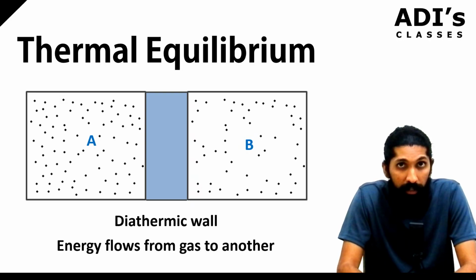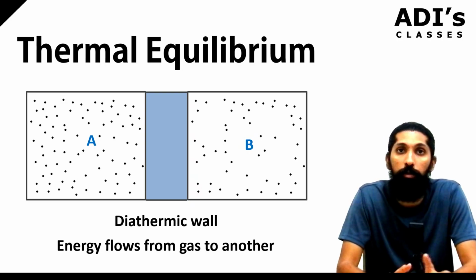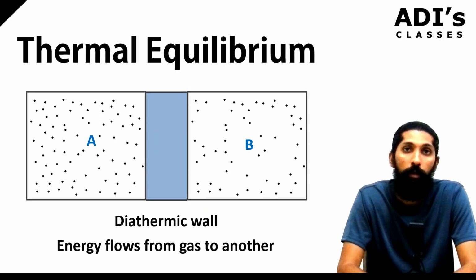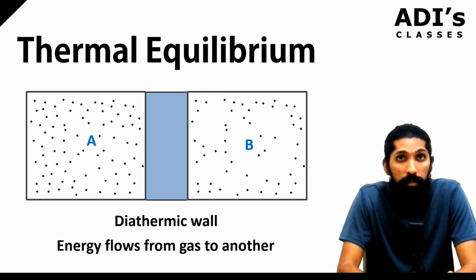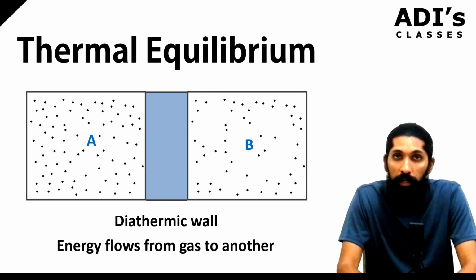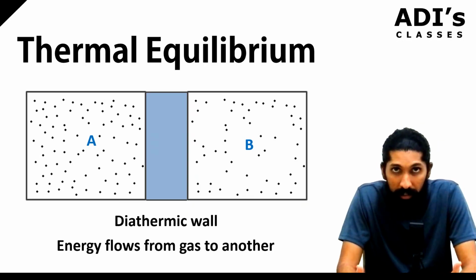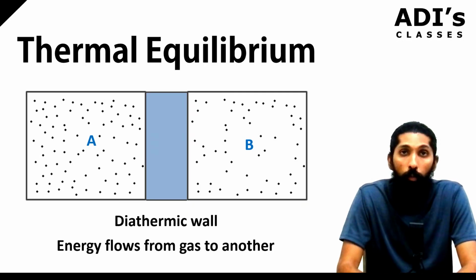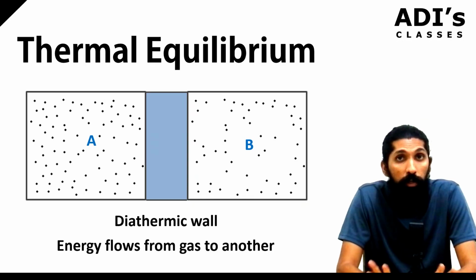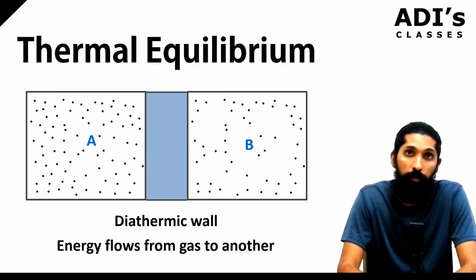Now, between A and B, when you place a diathermic wall, what's going to happen? Both systems are going to exchange the heat energy, correct? As they exchange the heat energy, both of them will come down to the same temperature.